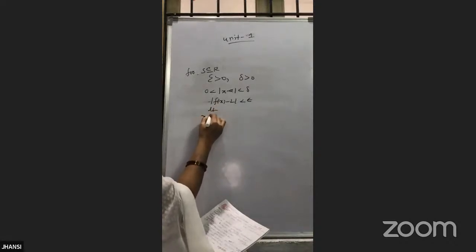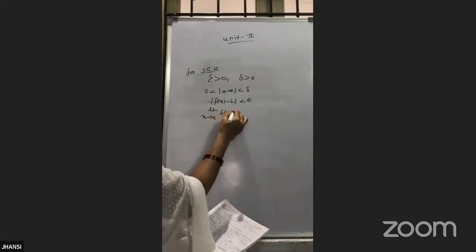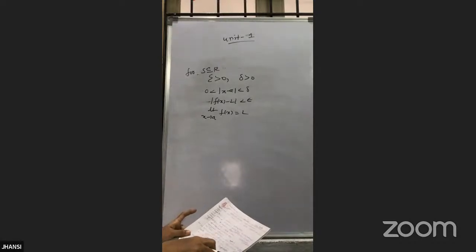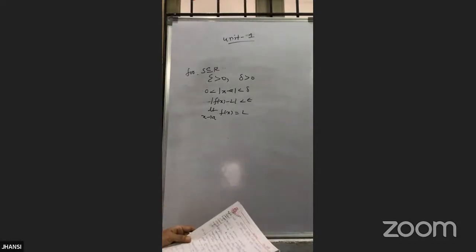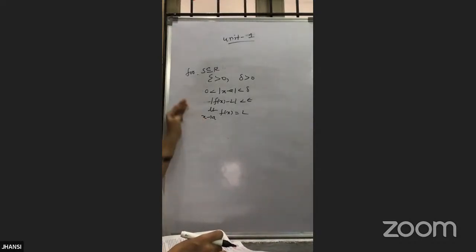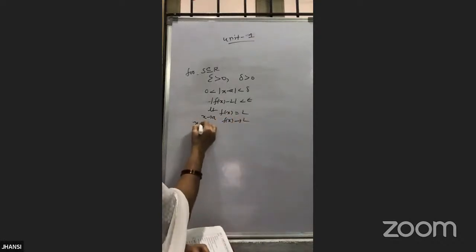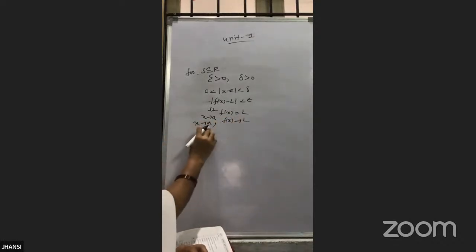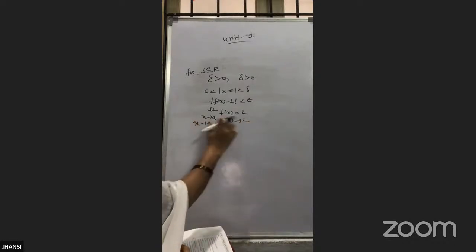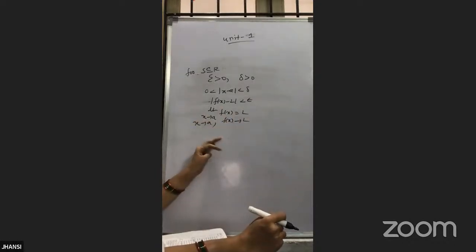If you remember these 3-4 points, you can easily write the definition of the limit. If these two conditions are satisfied, then we can write the limit in this form: f of x tends to L as x tends to A. Then the limit of the function will exist.